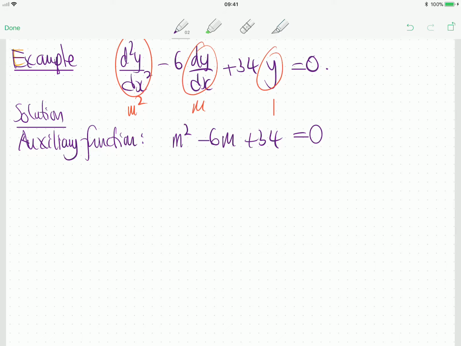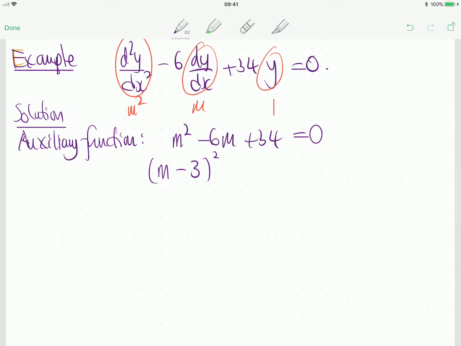Now the solutions of this quadratic are related to the final solution for the differential equation. So let's go ahead and solve it. I think I'm going to complete the square because the coefficient of m is even number.